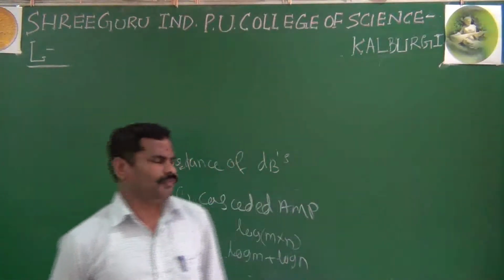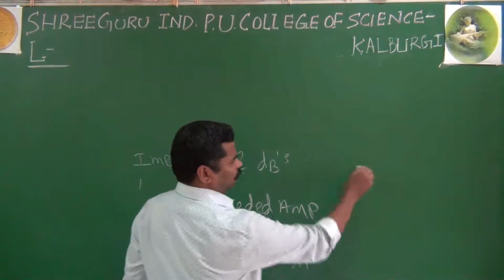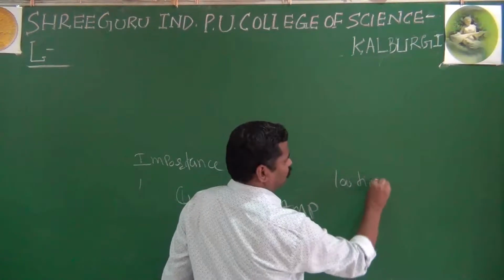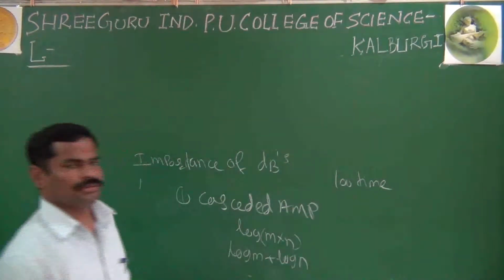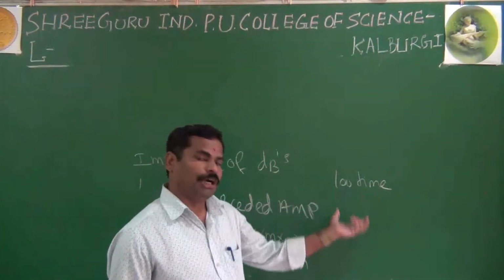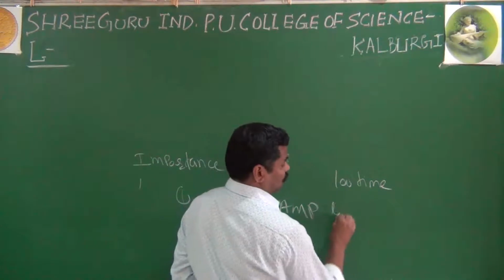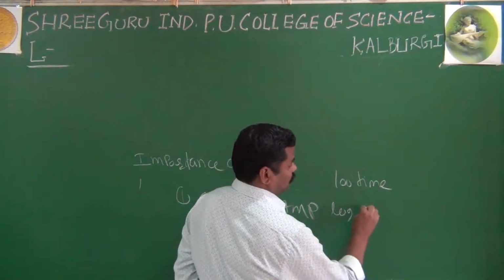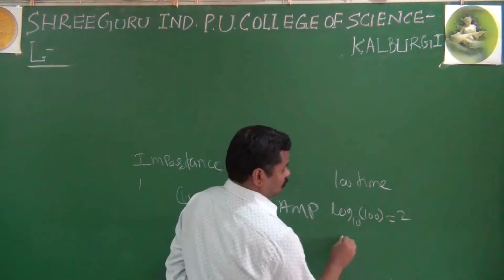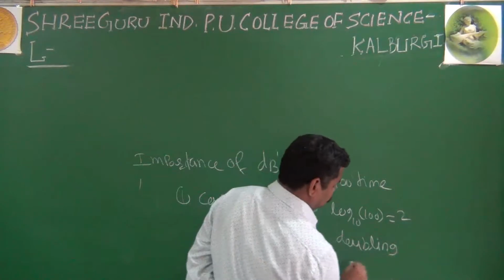Consider that the intensity of sound given by the speaker is 100 times greater, but our ear perceives a doubling effect, because log base 10 of 100 is nothing but 2. It is called the doubling effect.